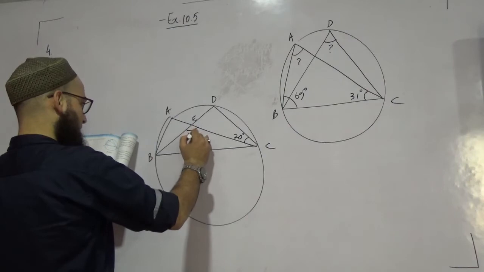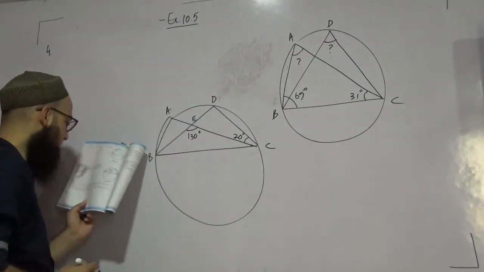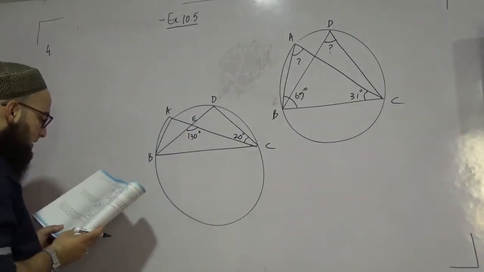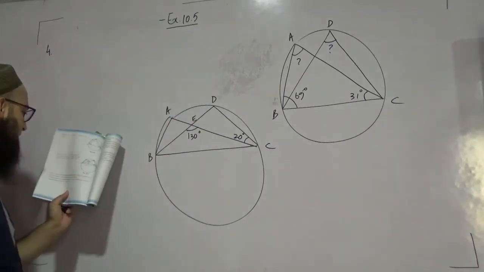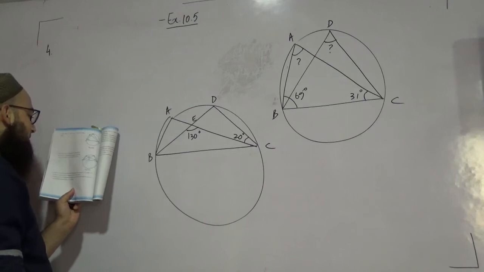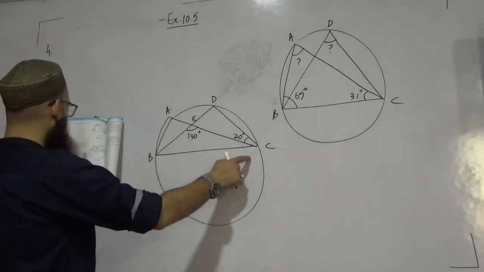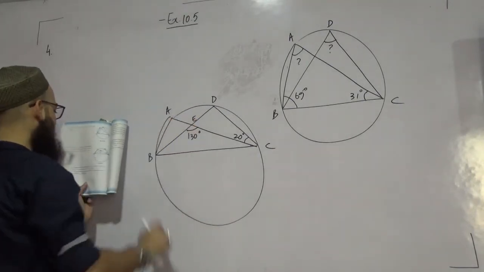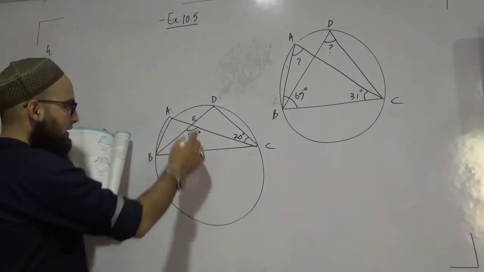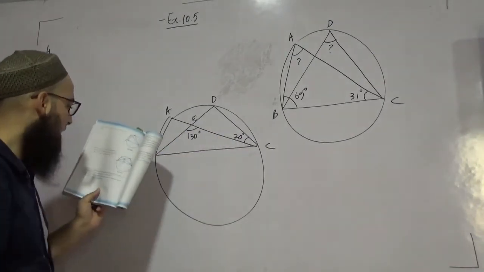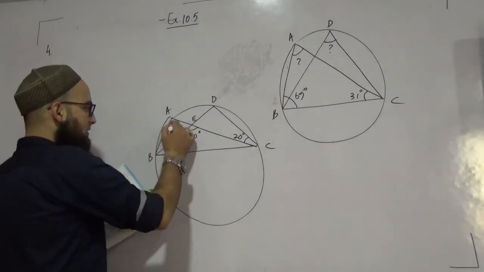This whole angle is 130 degrees. It says A, B, C and D are 4 points on the circle. AC and BD intersect at a point E such that angle BEC is equal to 130 degrees, and angle ECD is equal to 20 degrees. Find BAC. You need to find this angle.